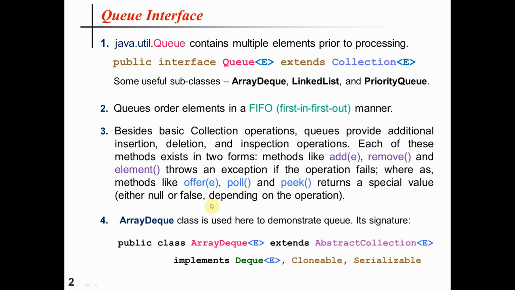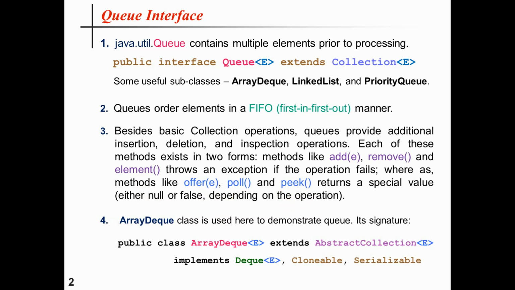So in that way there are two different categories in terms of insertion, deletion and inspection. For insertion we can have either add or offer, for deletion we can have remove or poll, and for inspection we can have element or peek methods. Okay, so that is the basic category of methods with respect to Queue interfaces that we can operate on queues.